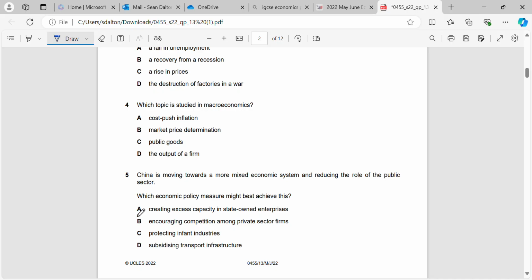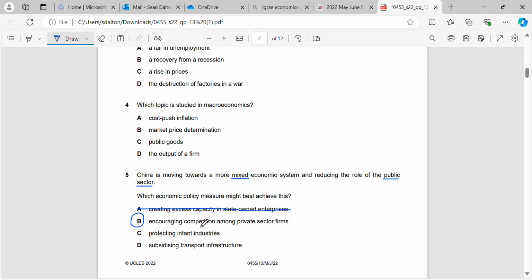So if we create excess capacity in state-owned enterprises, that would be more of a move back towards the public sector. Eventually we're going to try and get rid of those state-owned enterprises as we're moving into more of a mixed economy, or maybe even towards a market economy. We will encourage competition among private sector firms, however, because that's what exists with the market mechanism.